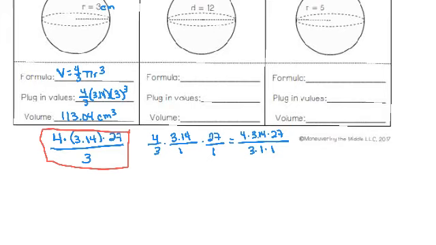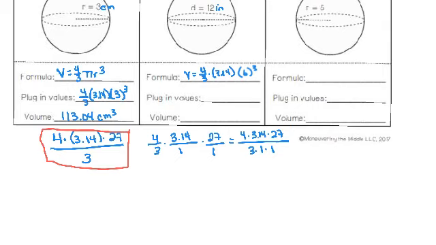Over here, we'll do this one in inches. So the formula again is V equals, just copy it down, 4/3 times 3.14 times r cubed. Well, what's r? Diameter is 12. To find the radius, it's half the diameter. So it's going to be 6 cubed. Oh boy, 6 times 6 times 6.